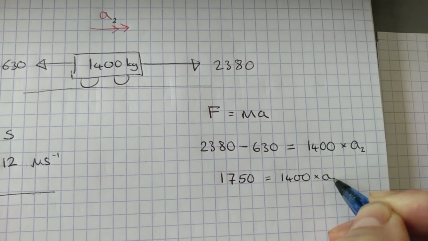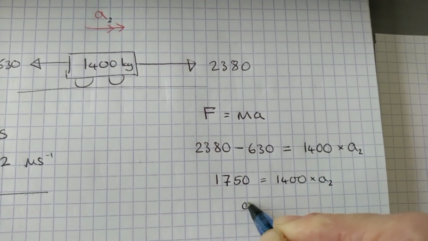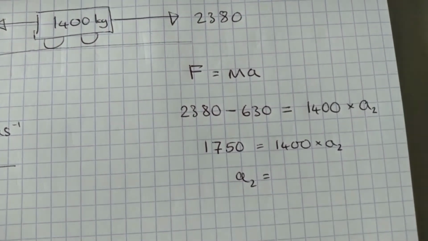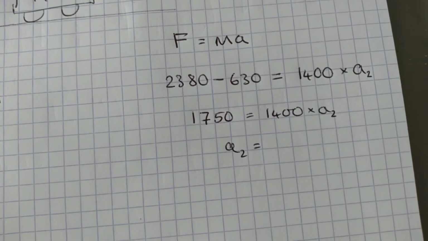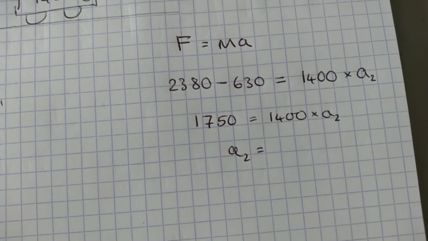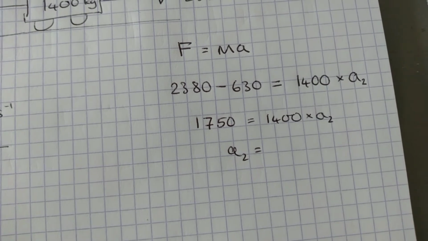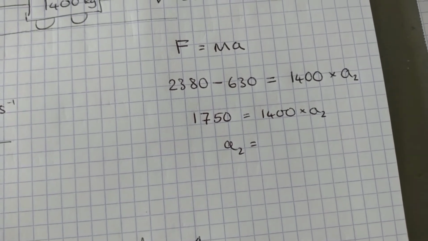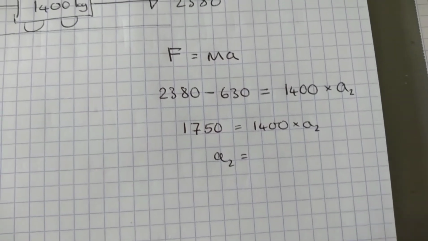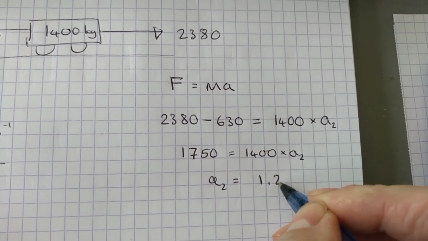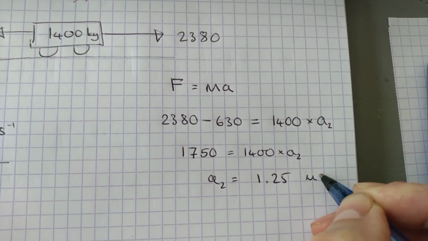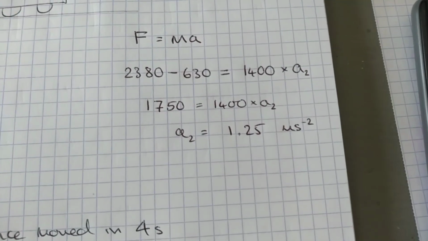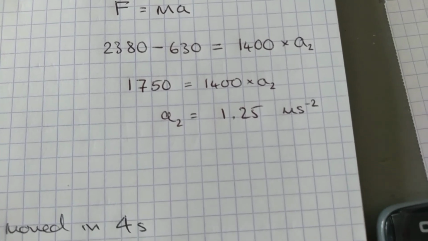It is 1,750 divided by 1,400, which is 1.25 meters per second squared. So acceleration still seems like quite a small number, but compared to the 0.7 it was before, we've actually shot forwards. So that's the main thing we'll notice when the trailer pings off, is that actually, we're away.